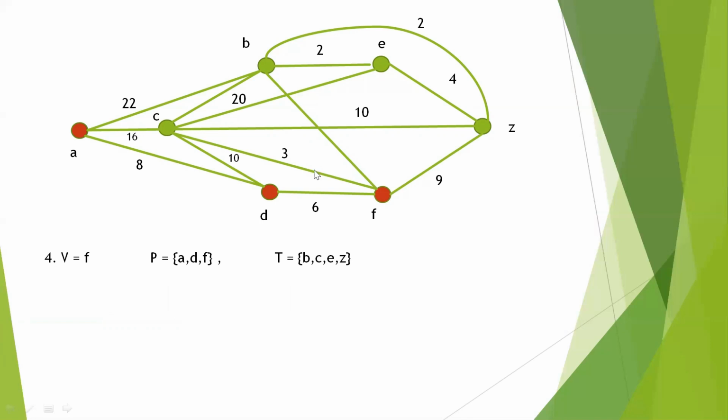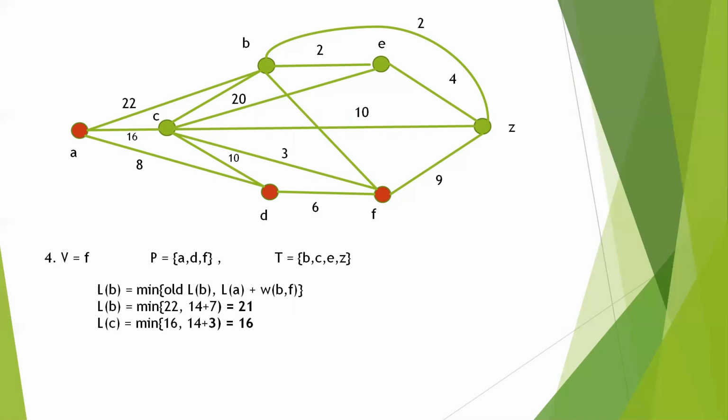Now the node F is added into the P set, and the remaining vertices we write down in set T. Again, we use the same formula and find the minimum weight which is connected directly to F. So if we use the formula, load of B, which is directly connected to F, is equal to 21.